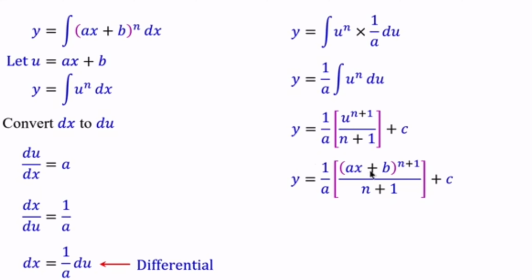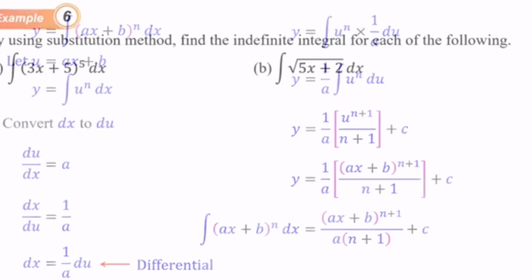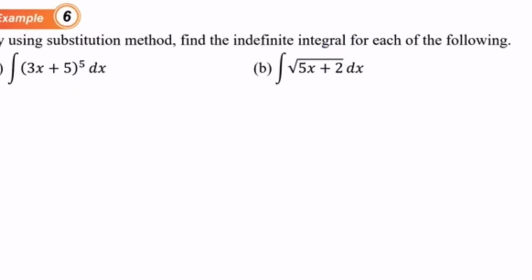So finally we will substitute back, it becomes 1 over a. When you see u, you substitute ax plus b, to the power n plus 1 over n plus 1 plus c. So that is how you come out with this important formula, so-called integration by substitution. So we are going to use this to solve all the questions here.